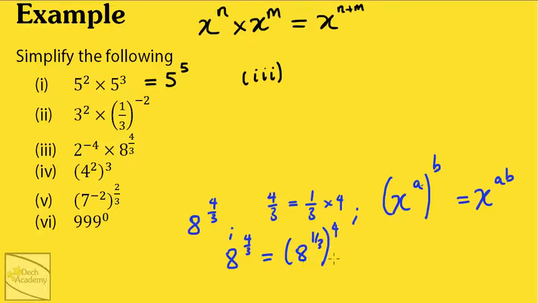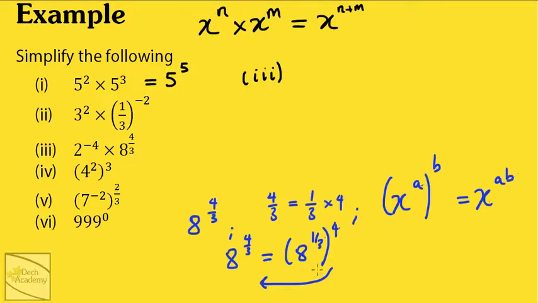Because if I start from this right hand side to go to the left hand side, I know that using this rule, x raised to the power of a all raised to b is x raised to a times b. So this would be 8 raised to the power of a times b, which is 1 over 3 times 4, which is 4 over 3.